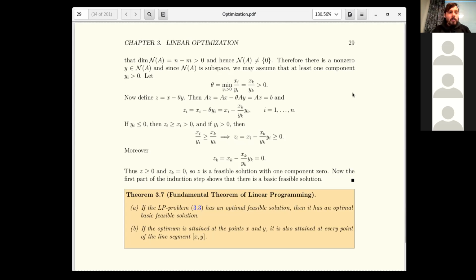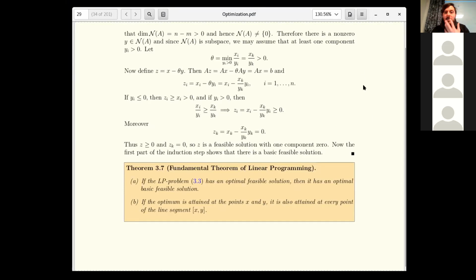Before we do, let me explain the following theorem that we can use: if the LP problem has an optimal feasible solution, then it has an optimal basic feasible solution. So not only is it so that if it has some kind of solution that satisfies the constraints, it has one that satisfies the constraints by simply taking the basic solution, but also one of them is optimal.